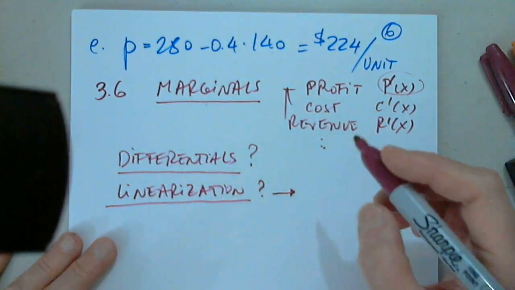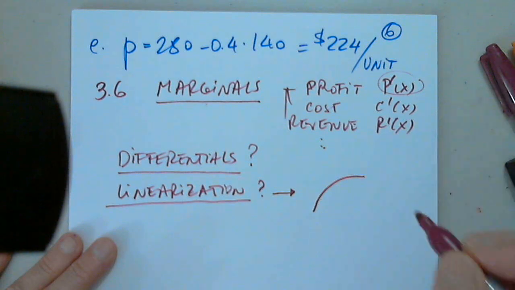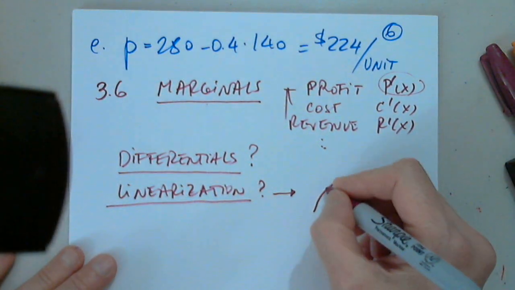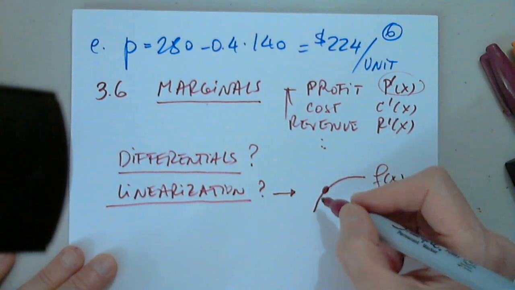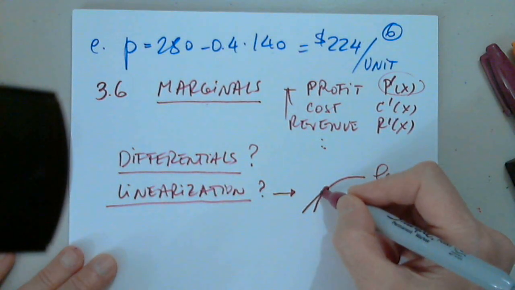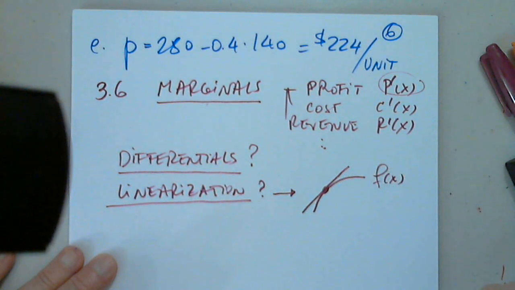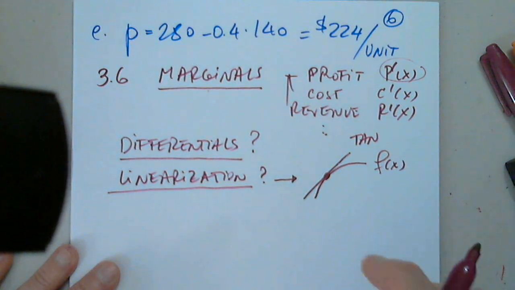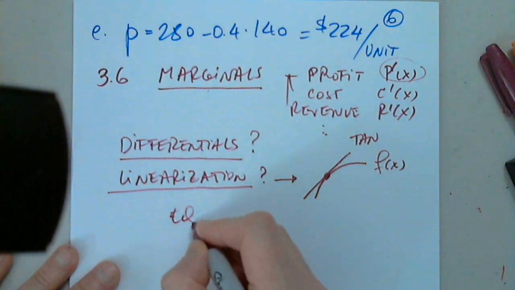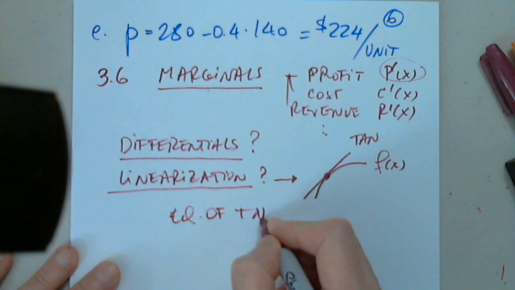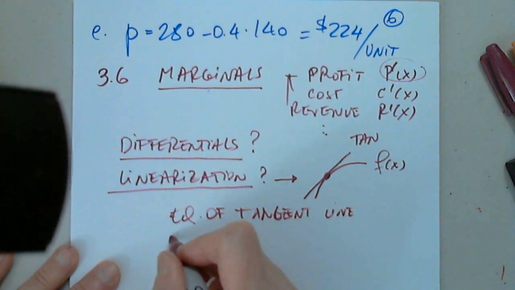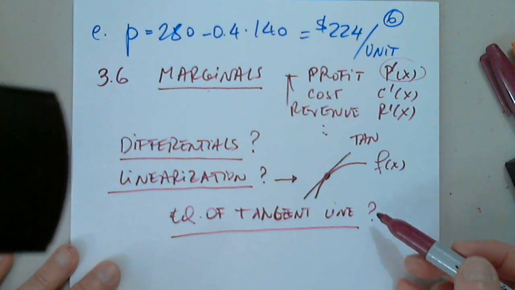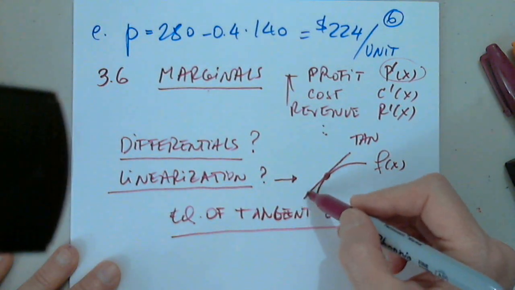So if you remember, I tortured you, so to speak, with: here's a function, here's a point, and we drew the tangent line at that point. So this is the tangent, and we always wanted to determine the equation of the tangent line. And I said a long time ago, why on earth will I care?